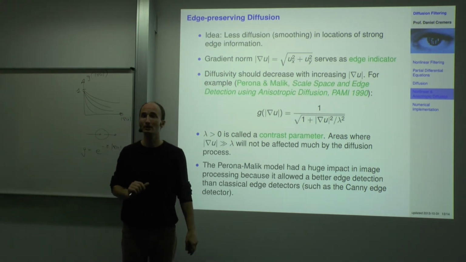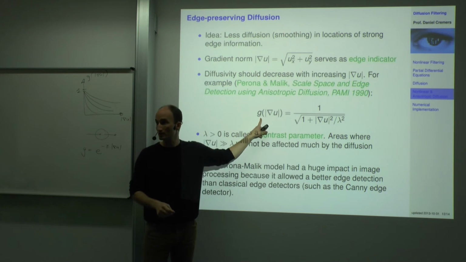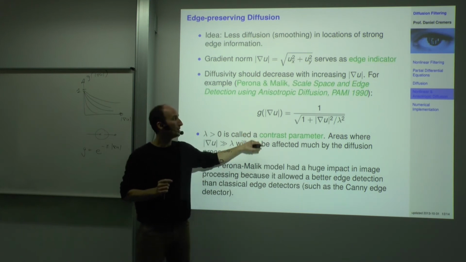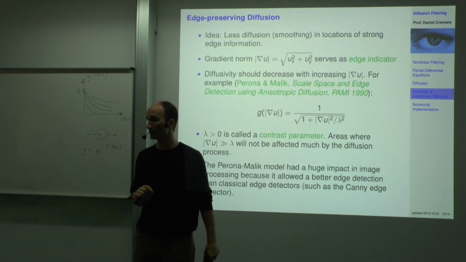When I say preserved, strictly speaking, nothing is really preserved here. You can see that because this function is always positive. So we always have some diffusion. But if the gradient gets larger and larger, that diffusion gets smaller and smaller.